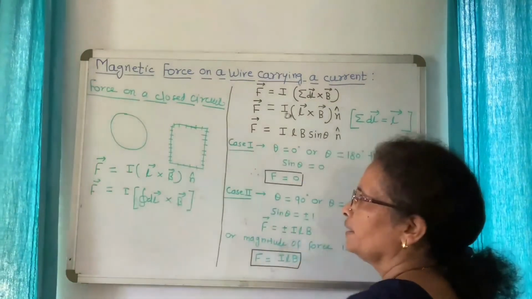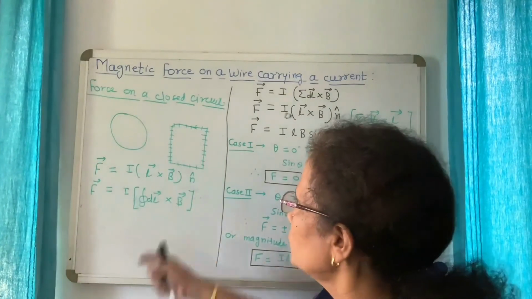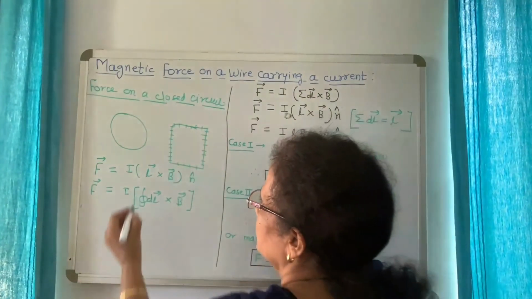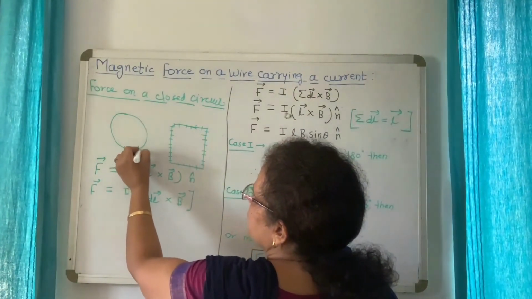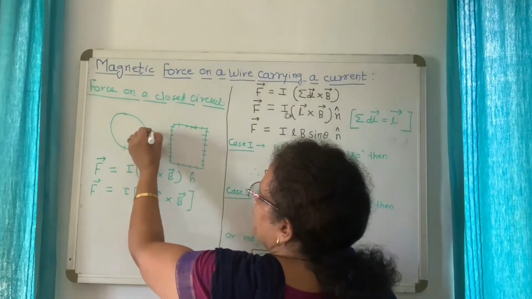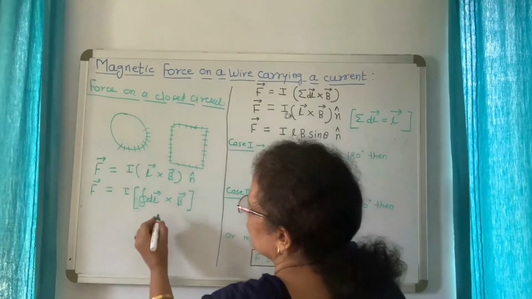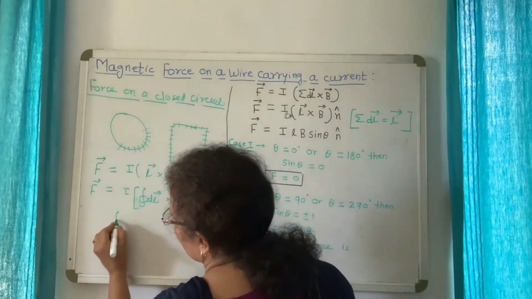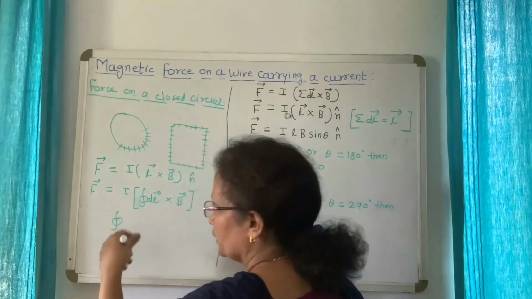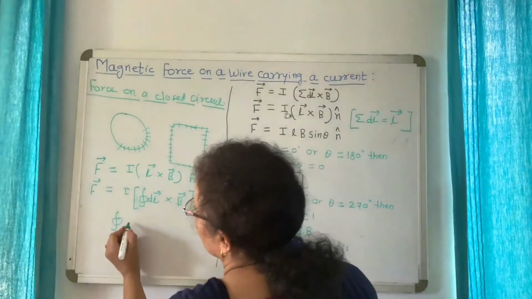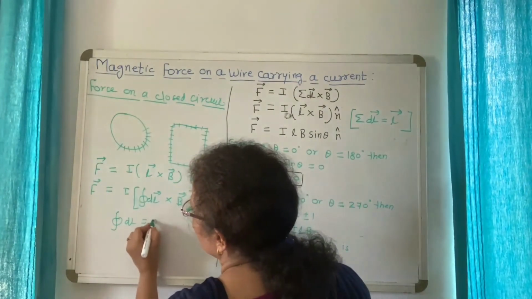And this closed loop integration is 0, because if the wire is made up of this shape, every dl you add, the vector sum is 0 if you are reaching the same place. So the integration over the closed circuit of dl is always equal to 0.